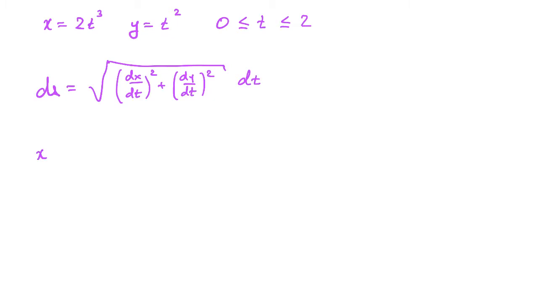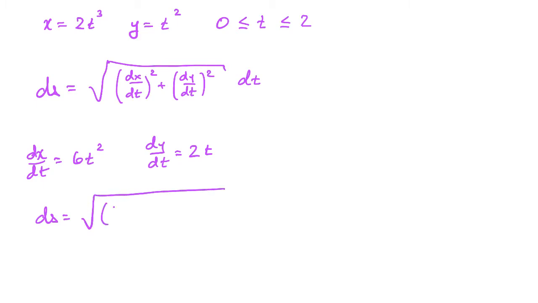So for our dx dt, we will just have 6t squared. For our dy dt, we will have 2t, so that for our ds, we're going to have the square root of 6t squared squared plus 2t squared dt.